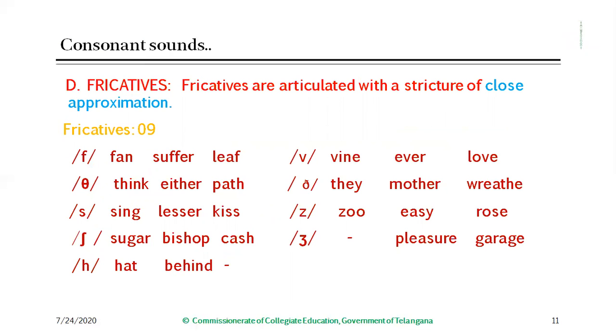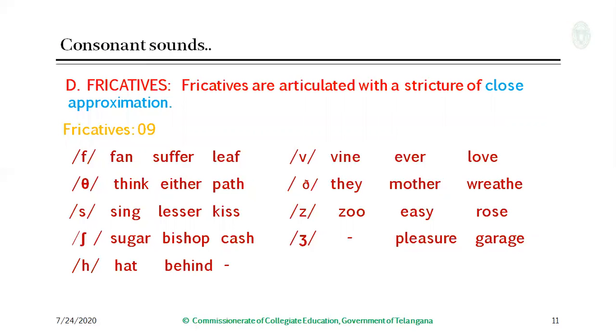And the next one is fricatives. Fricatives are articulated with a stricture of close approximation. They are also produced with the closure of our mouth.